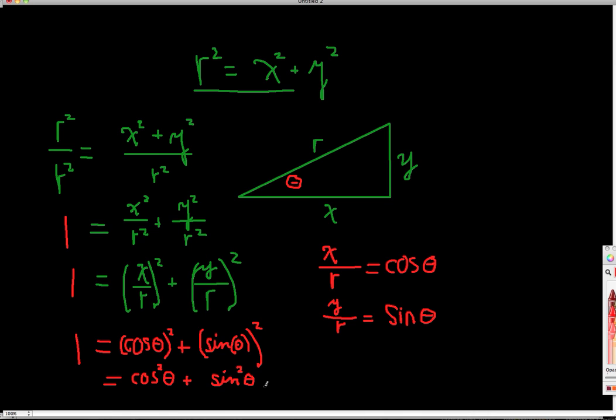So here's our result: cosine squared theta plus sine squared theta equals 1. That's an important result, which we will use many times in mathematics. Okay, thank you.